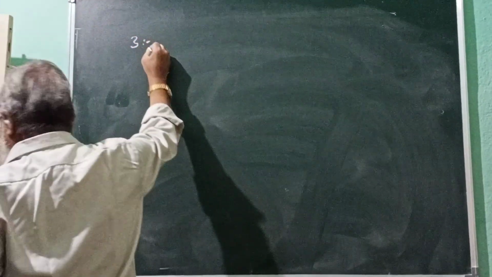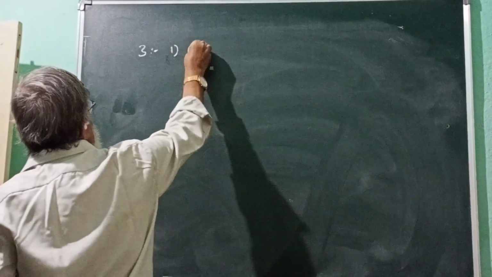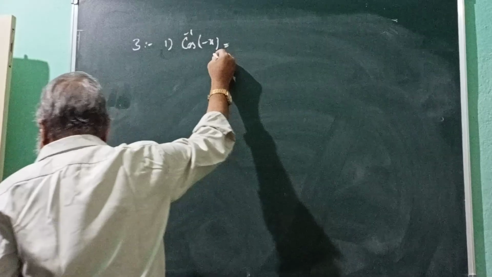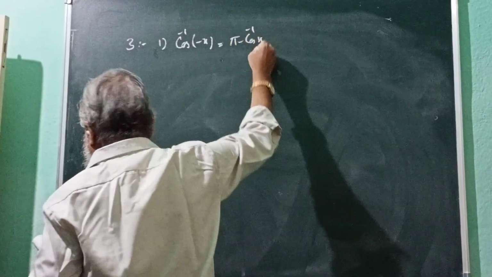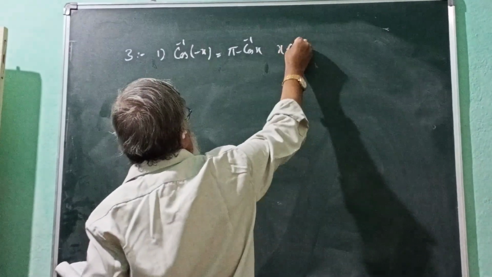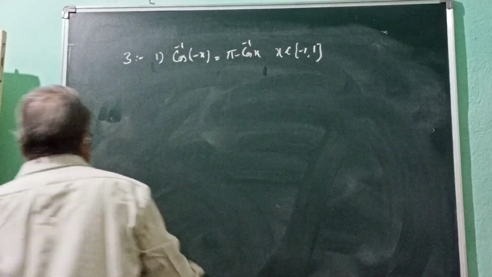The formulas given here: cos inverse minus x is equal to pi minus cos inverse x, where x belongs to minus 1 to plus 1.